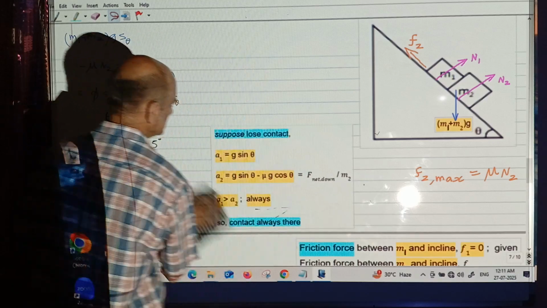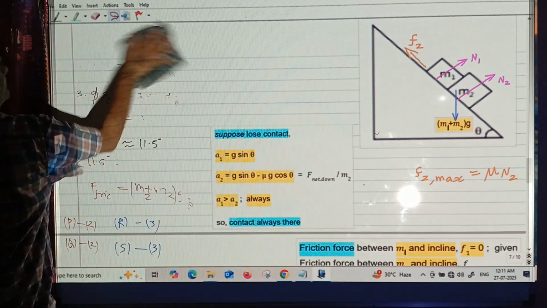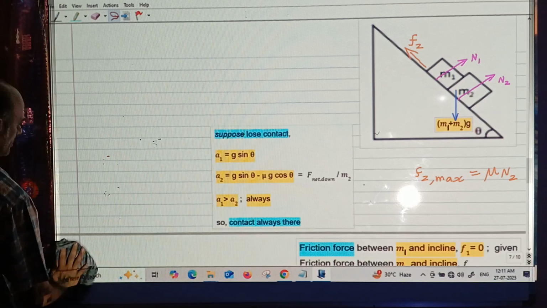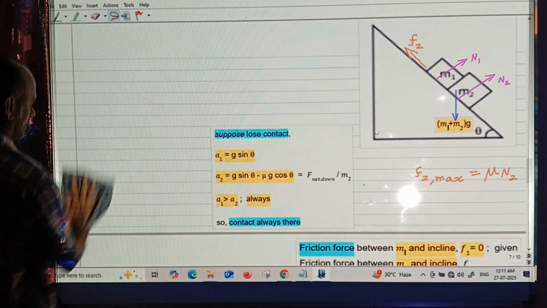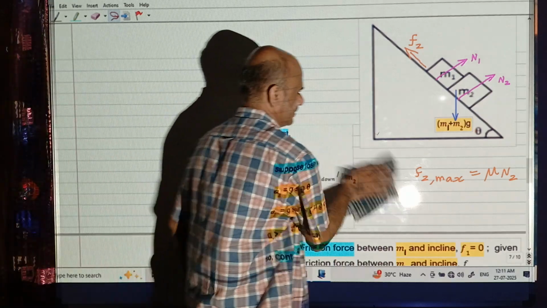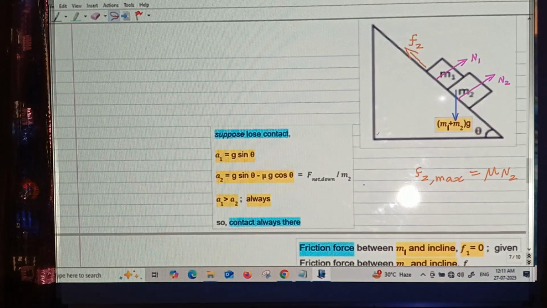This is what I explained here. Initially, the blocks are in contact.